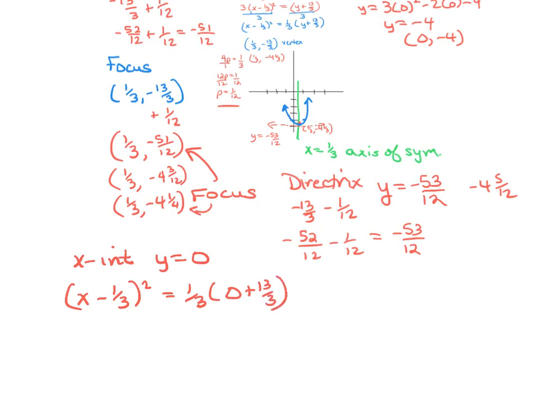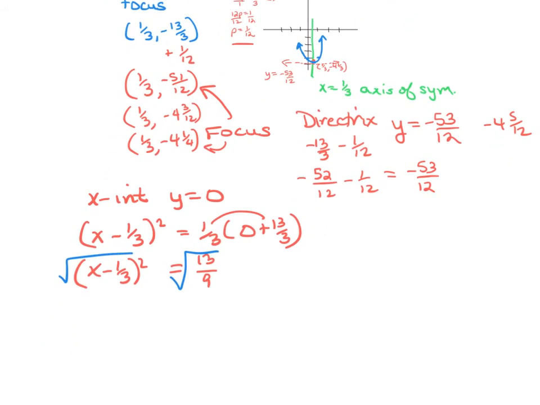So I'm going to go ahead and simplify this. I'm going to distribute the 1/3, and I end up with 13 over 9 x minus 1/3 squared. So what I need to do is use the square root method.